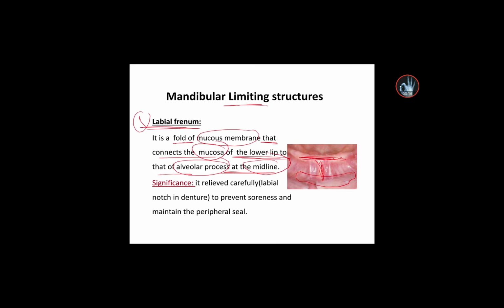Sometimes the labial frenum helps us to determine where the central incisor is. يعني هذا اللابيال فرينوم عادة تساعدنا في تحديد وين مكان الأسنان الأمامية، القواطع اللي هو السنترال incisor، فتحدد لنا الميدلاين.